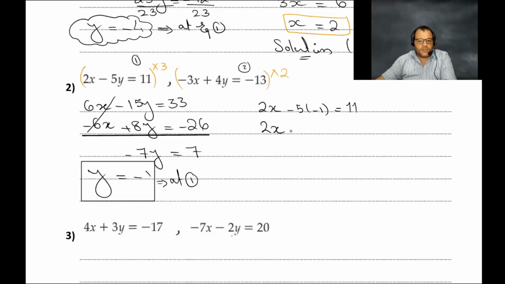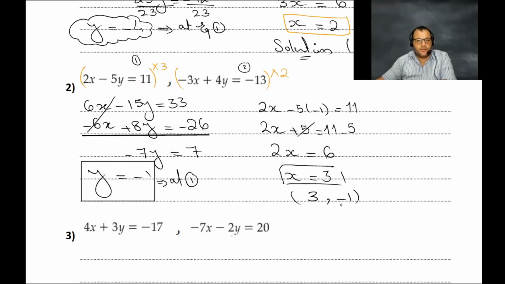So 2x plus 5 equals 11, by subtracting 5, then 2x equals 6. It means x equals 3. So the solution for this one will be 3 and negative 1. You have to start with x: 3 and negative 1.